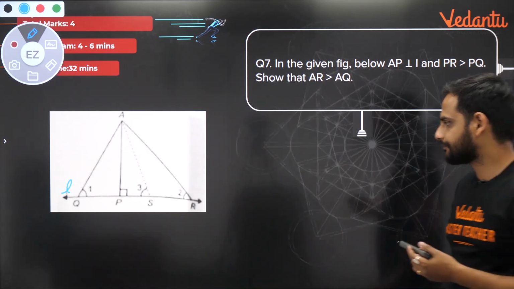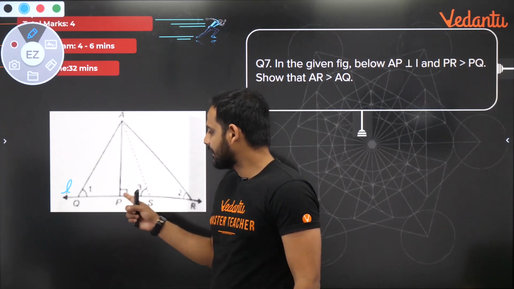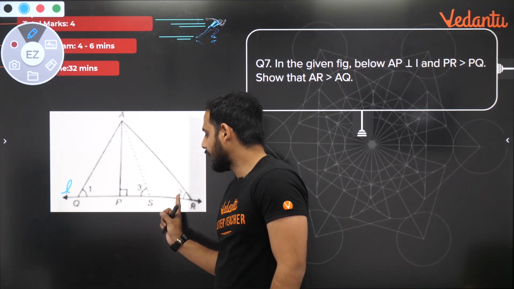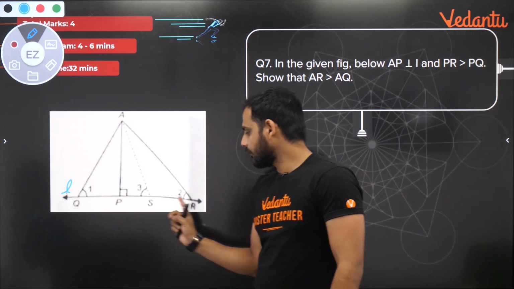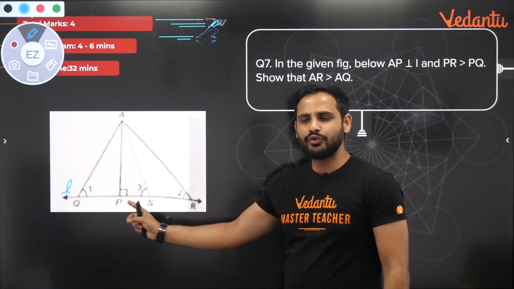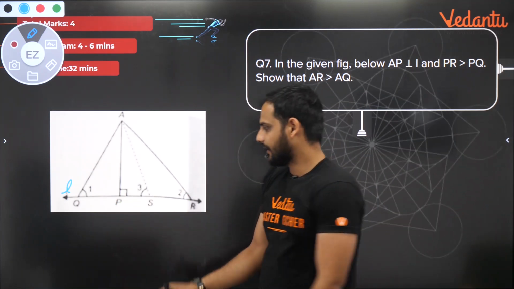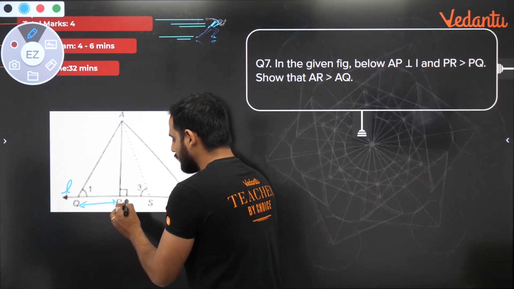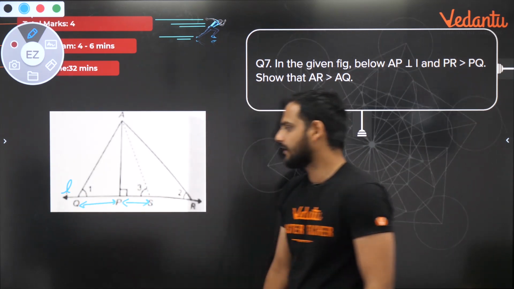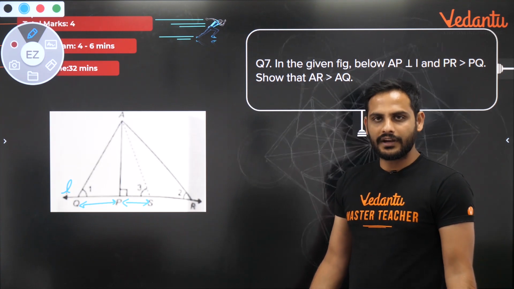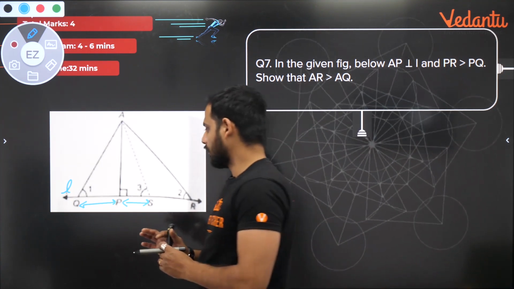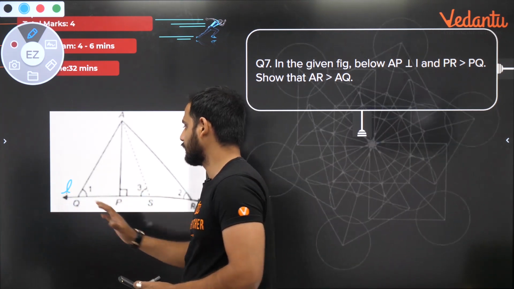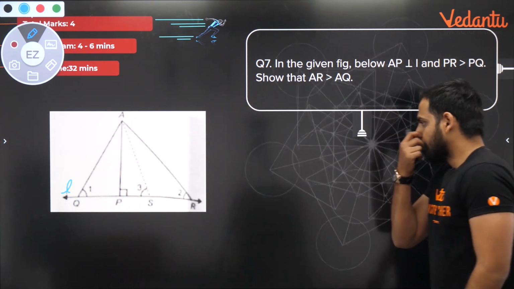But we know that PR is greater than PQ, so on this PR, I can choose a point S such that QP and PS will be equal. We can do that. Or, let's not do this. Let's do one thing.